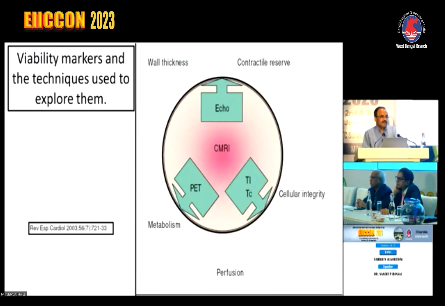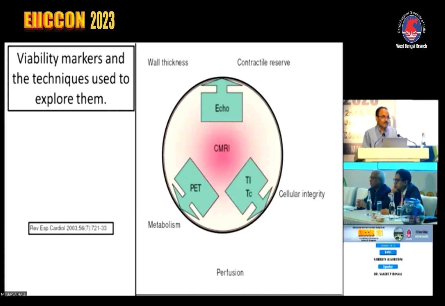That is, there has to be some minimum amount of wall thickness of the myocardium. The myocardium, when stimulated, should be able to contract more than it is doing at the baseline, or what we call contractile reserve. It has to have cellular integrity.